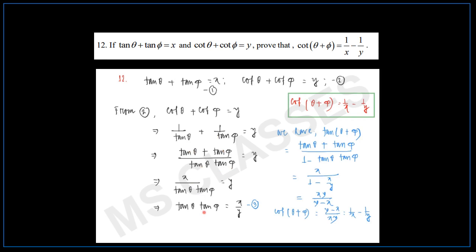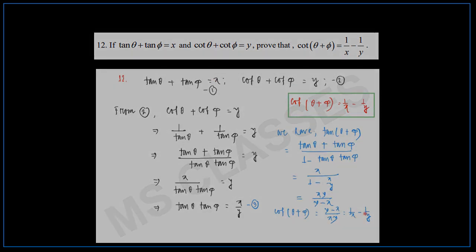So tan theta tan phi is x by y. We are using here the tan(theta plus phi) formula: tan theta plus tan phi by 1 minus tan theta tan phi. Here we replace the value of tan theta plus tan phi from here, and 1 minus tan theta tan phi, that is 1 minus x by y. We have simplified, but to get the cot, we just pick the reciprocal and we are done.